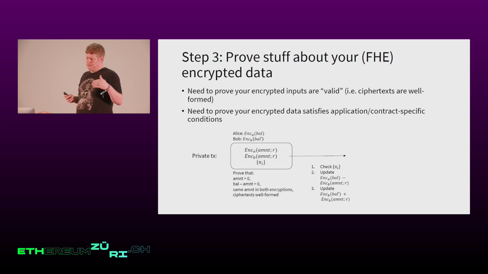She has to show that the amount contained in the message that will be subtracted from her balance is the same as the message that will be added to Bob's balance, even though they're encrypted under different keys. She also has to show that the amount she's transacting is greater than 0, so she's not stealing money from Bob. And she also has to show that it's less than her balance, so she's not printing money.